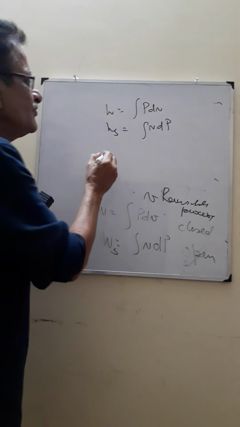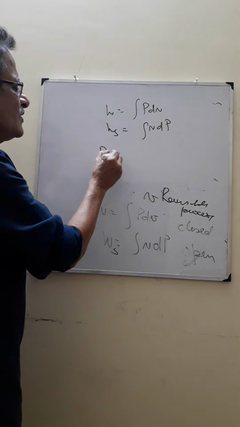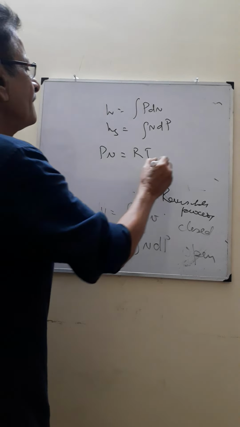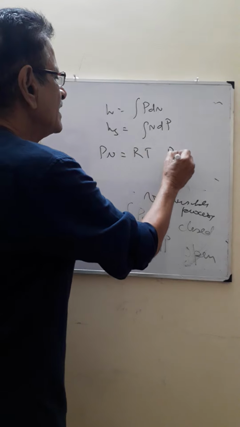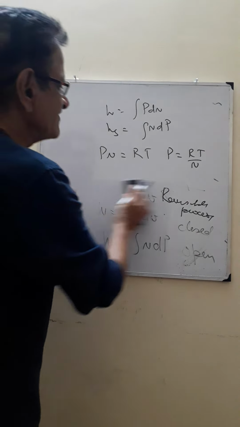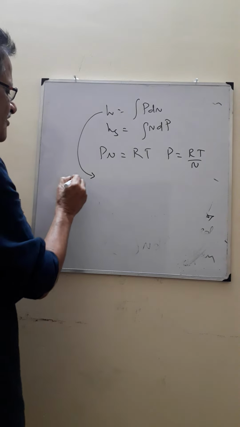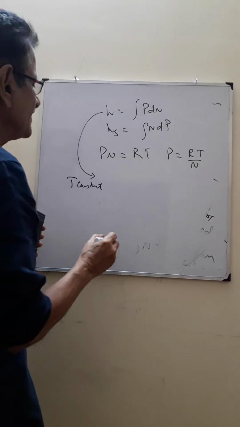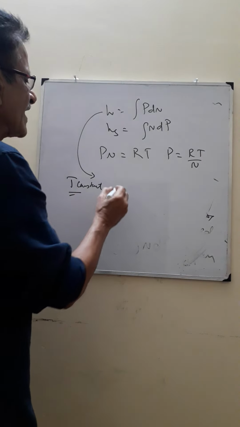Now, let me assume, for an ideal gas, PV equal to RT, or P equal to RT by V. Now, let's take this first equation. To make things simple, I'll assume T is constant for our analysis. It's an isothermal process.